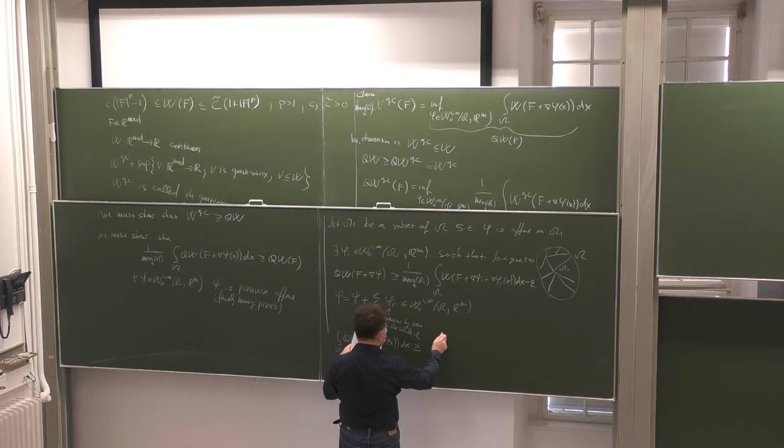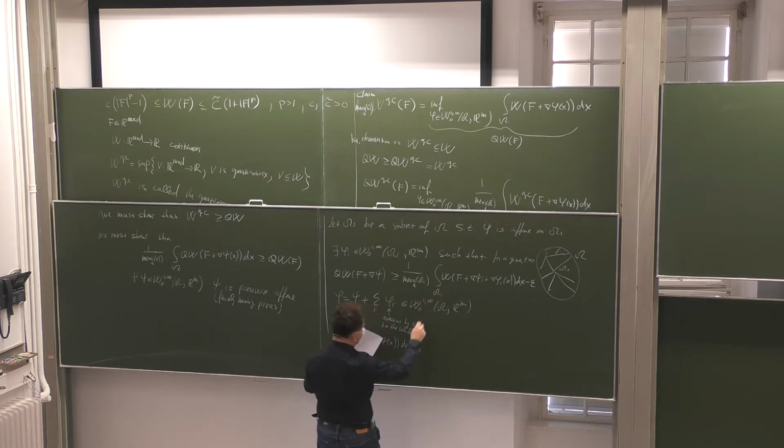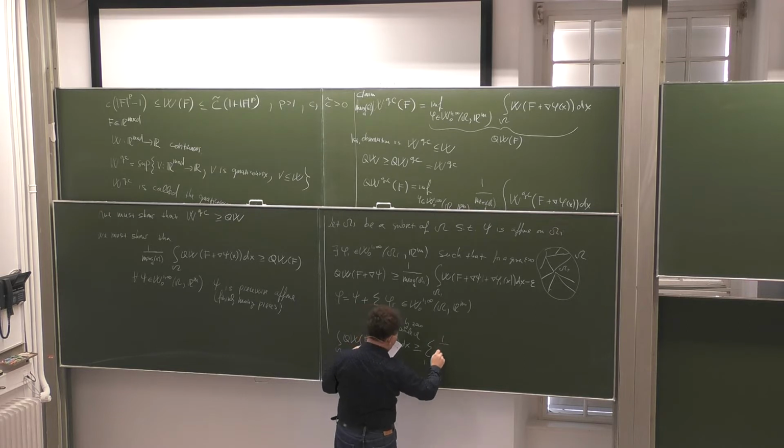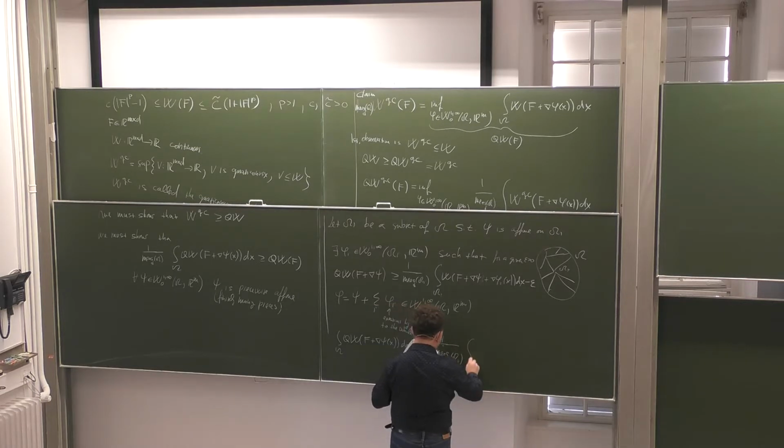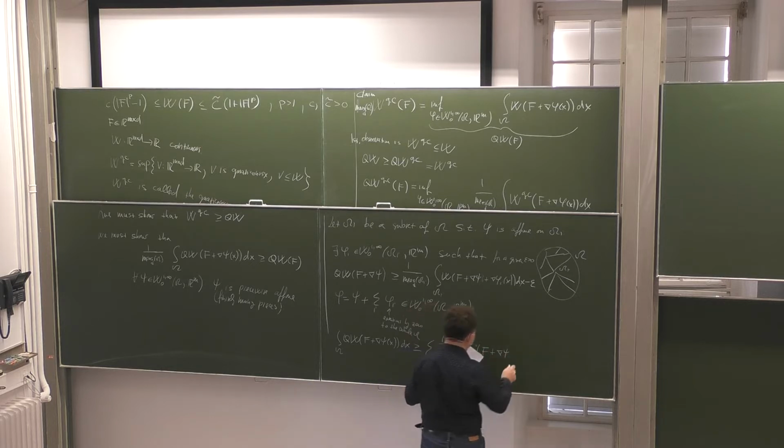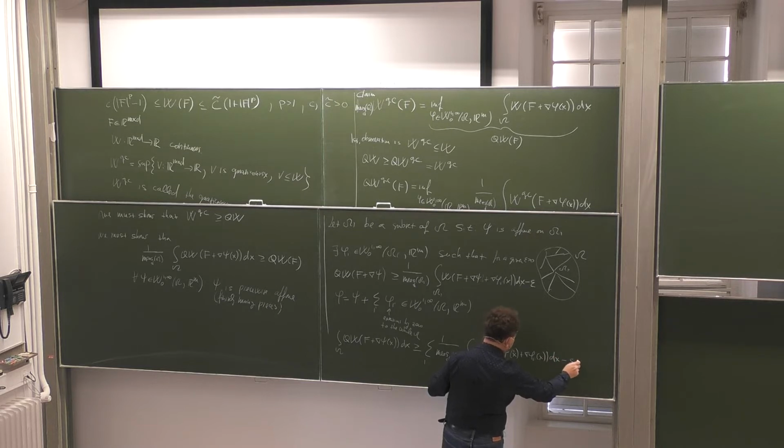So it's a sum of all these. So you sum 1 over measure d of omega I, the integral of W of gradient phi I of x dx minus epsilon.